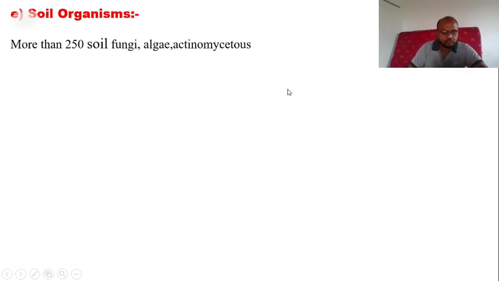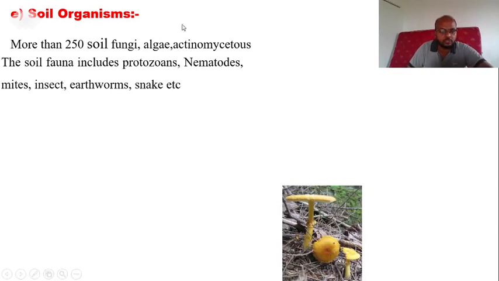Next one is the soil organism. You all know there are several different organisms present in the soil. More than 250 different soil fungi are recorded. There are also algae, fungi and actinomycetes present in the soil.